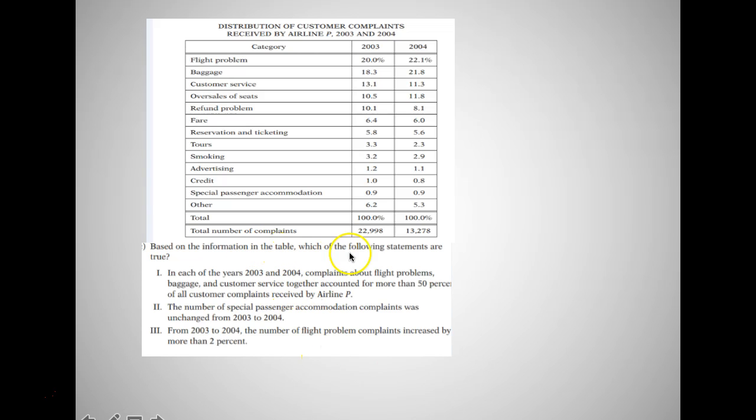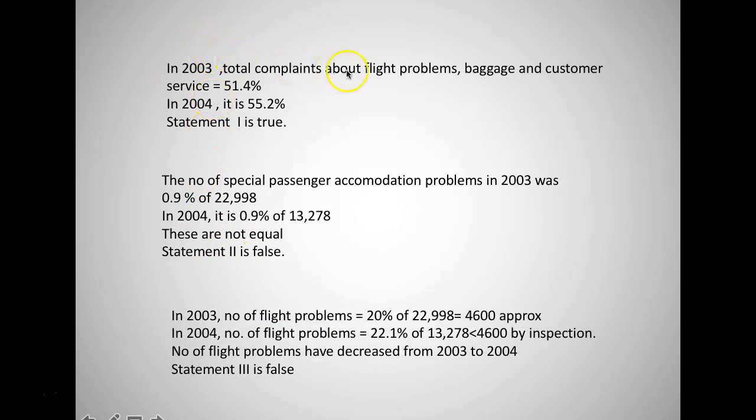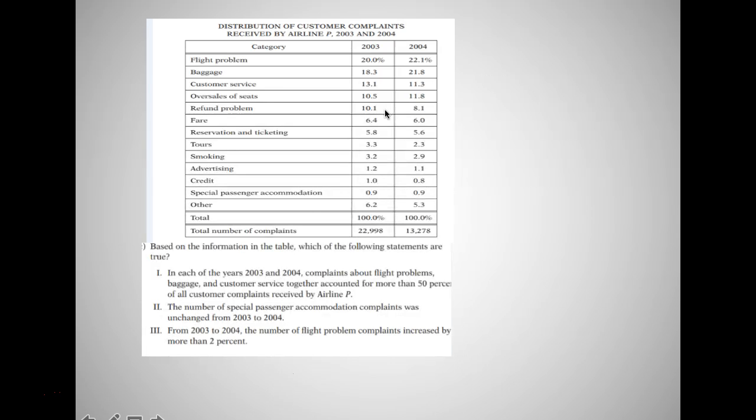Based on the information in the table, which of the following statements are true? In each of the years 2003 and 2004, complaints about flight problems, baggage and customer service together accounted for more than 50% of all customer complaints received by airline P. In 2003, when you add flight problems, baggage and customer service, you get 51.4%.